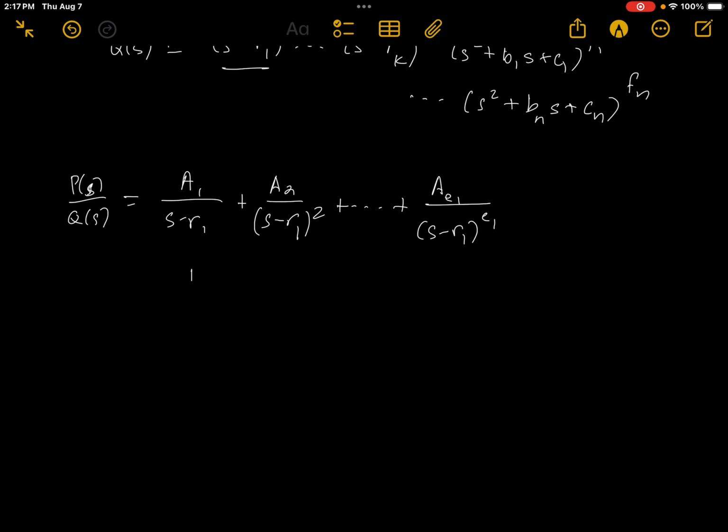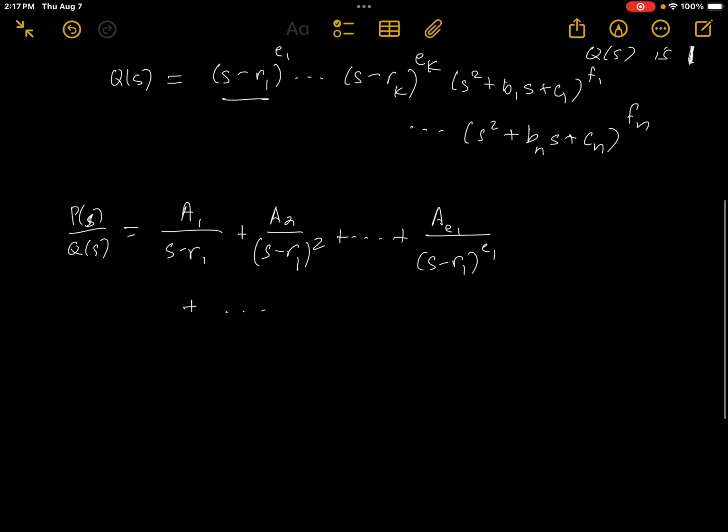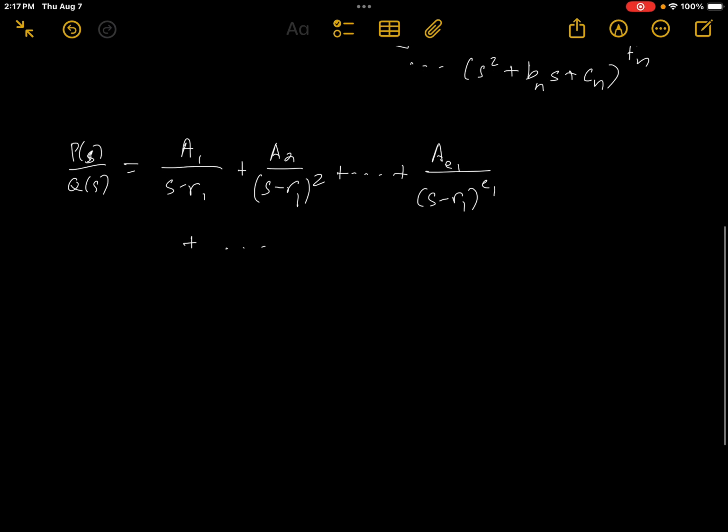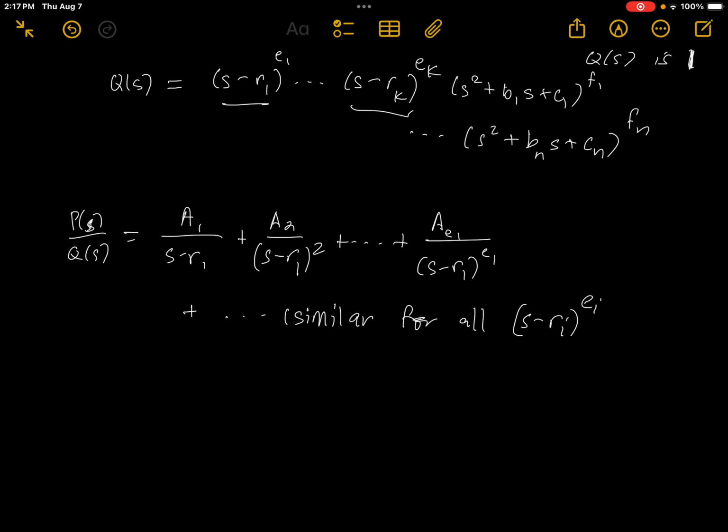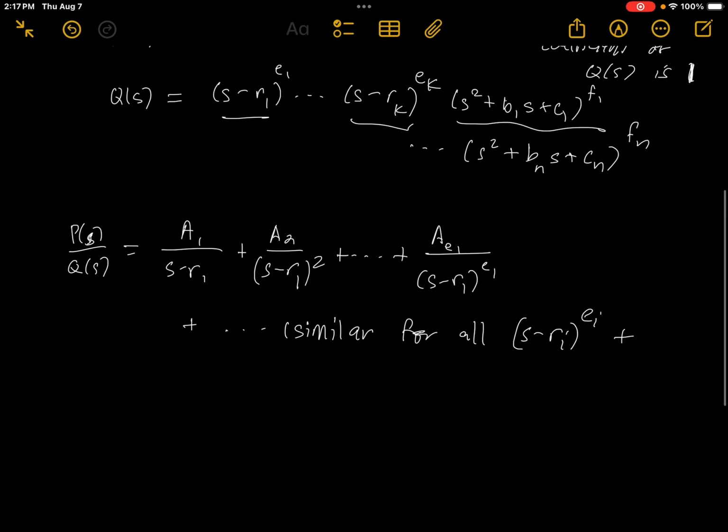And then you do the same thing for all of the S minus Ri's. So you go up to S minus Rk to the Ek, and you're going to get something similar for all S minus Ri to the Ei. Okay. And then for these quadratic terms, you're going to get something similar where you go a degree down.